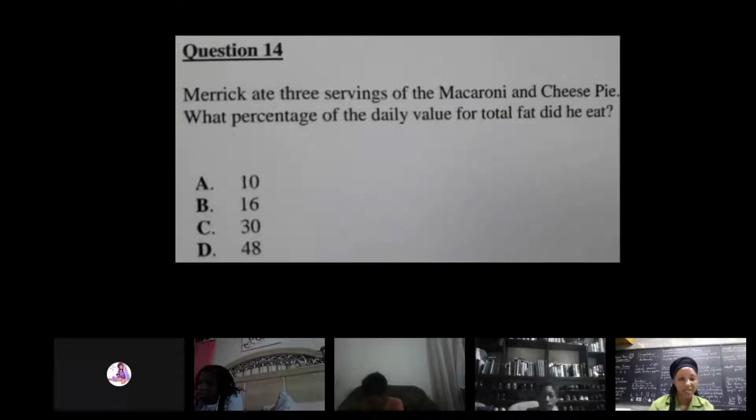Question 14. Merrick ate 3 servings of the macaroni and cheese pie. What percentage of the daily value for total fat did he eat? So Merrick ate 3 servings of the macaroni and cheese pie. What percentage of the daily value of total fat did he eat?